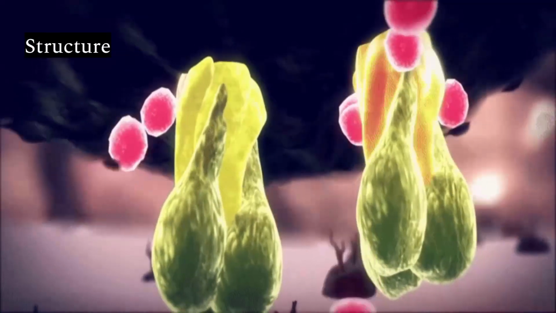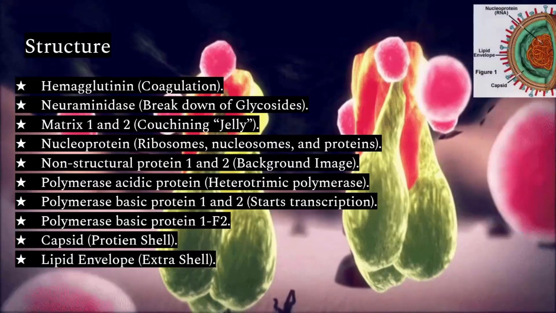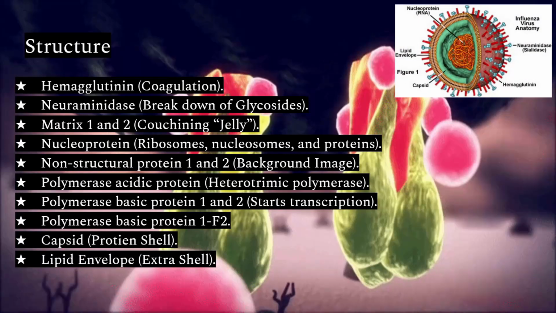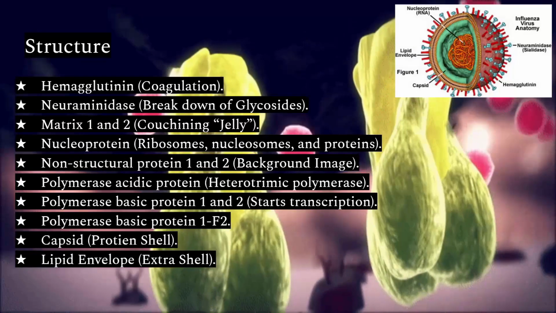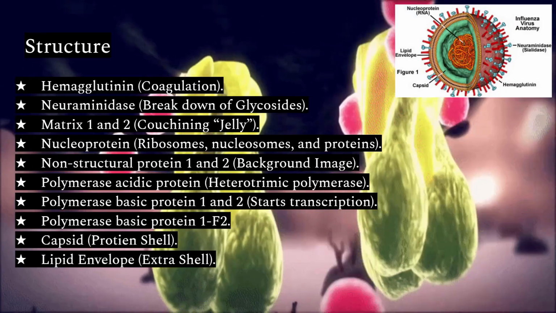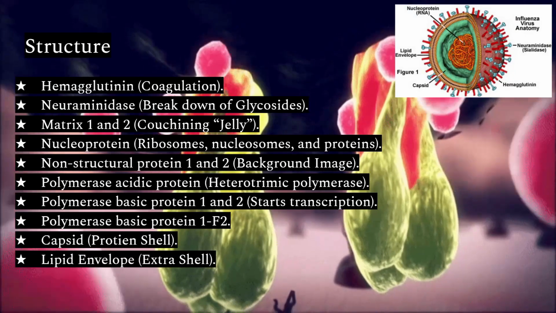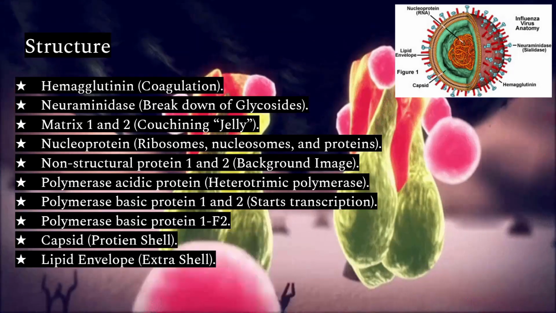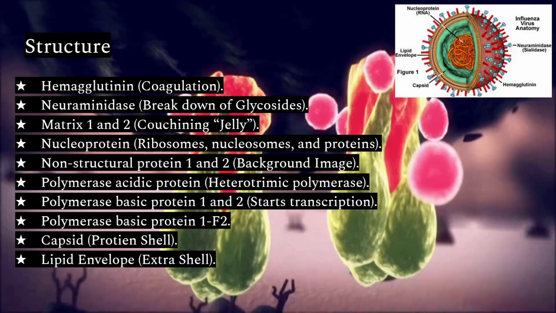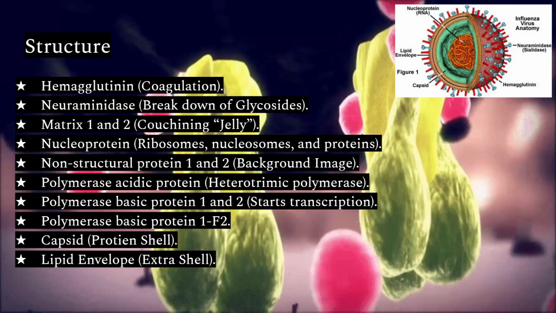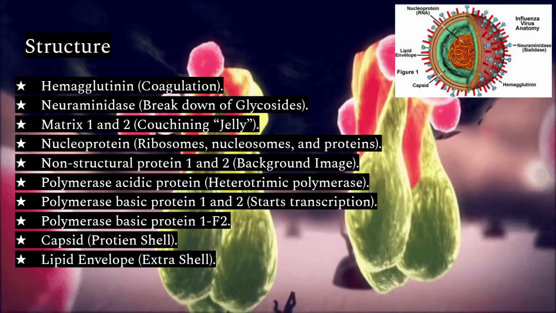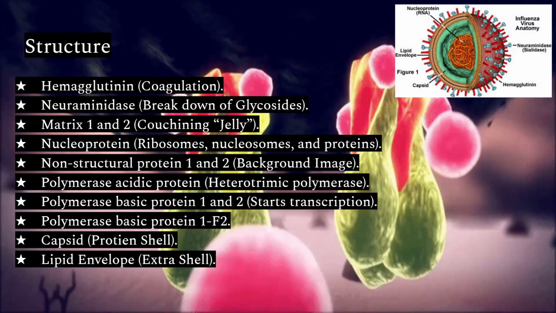Structure. I am by no means going to pronounce these properly, but I will still try. So, the hemagglutinin, which starts one step in the process of coagulation. Neuraminidase, which breaks down glycosides.